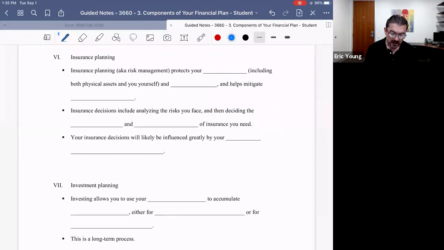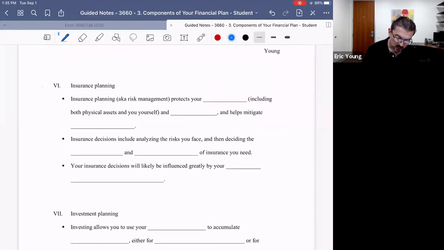Okay. The next part of a comprehensive financial plan is insurance planning, AKA risk management. Insurance planning protects your assets. It protects your income, and ultimately it helps you to mitigate risk.